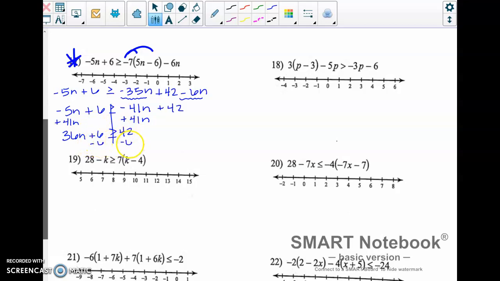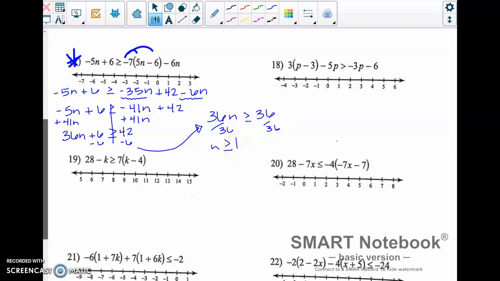So subtract 6. I'm left with 36n is greater than or equal to 36. To get n by itself, I'm going to divide both sides by 36. So I got n is greater than or equal to 1.